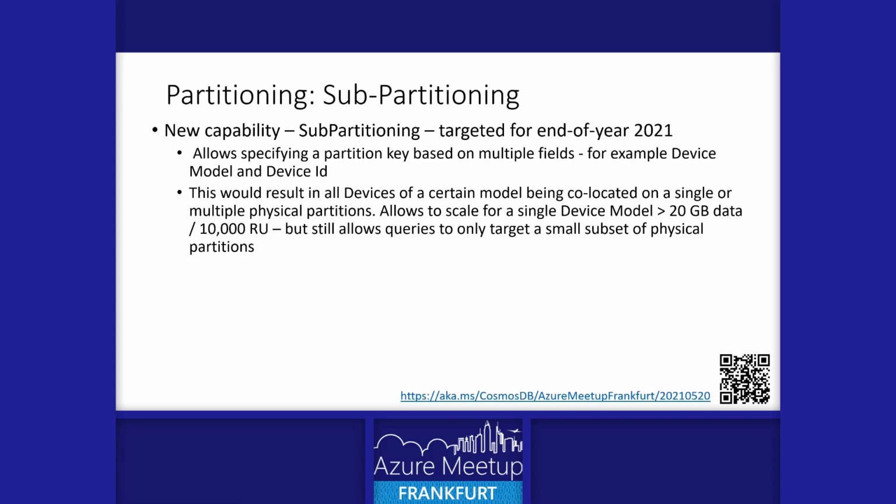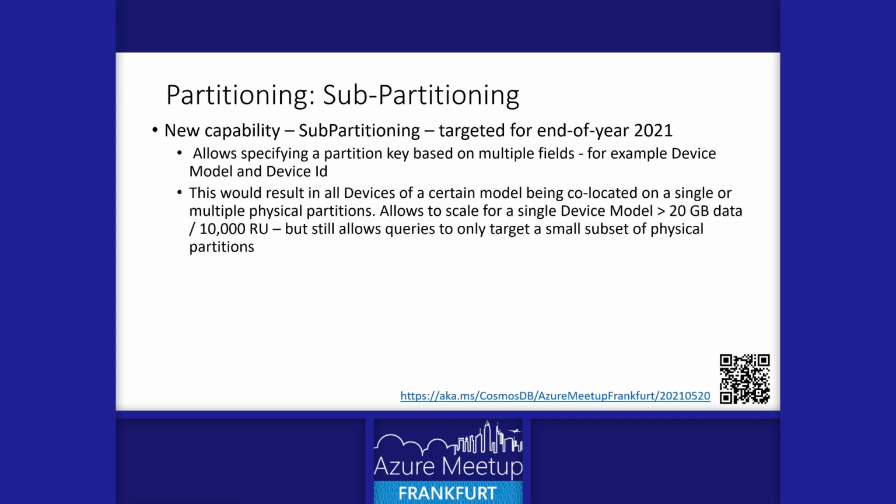And the benefit of that sub-partitioning over just using the device ID is if you have query patterns where you only know the model and you want to get all the data or aggregates over the data for a certain model, it means we basically under the hood know that there's only a subset of partitions that would store documents of devices for Prisma, because we can tell they are co-located and it's only a range of partitions. It's not the full set of partitions.